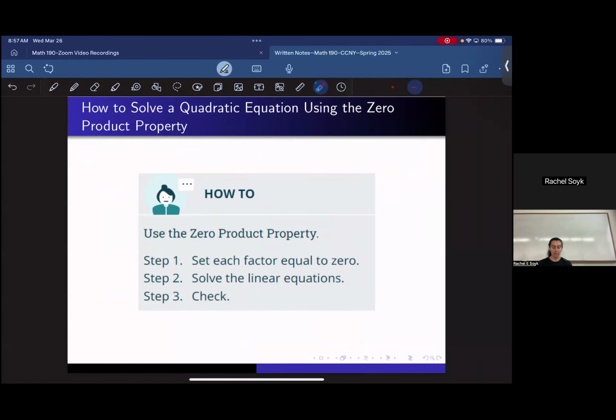These are just the step-by-step procedures in utilizing our zero product property. I think they like to overcomplicate this because the whole purpose of us understanding zero product property is in quadratic functions.